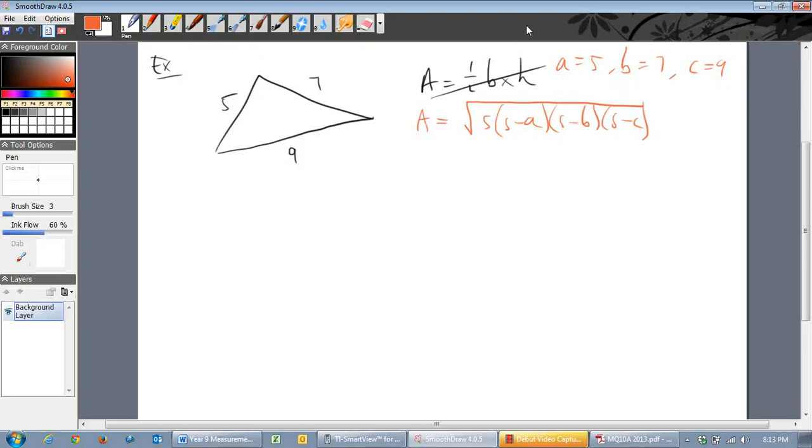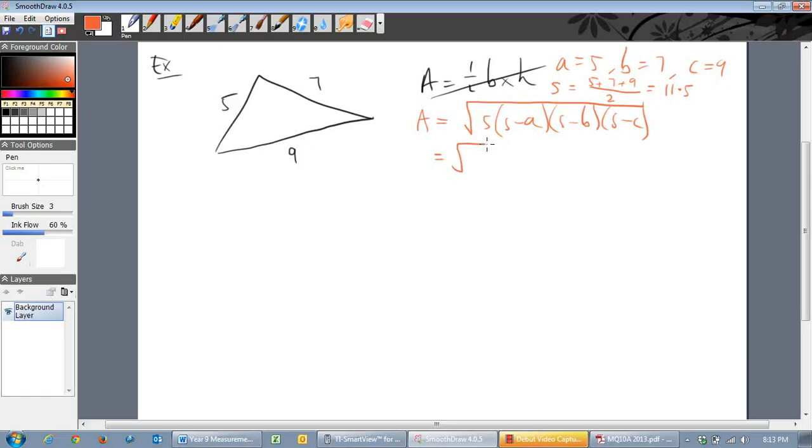It doesn't matter which one's which. Our semi-perimeter is equal to, we just add them all up. It's 5 plus 7 plus 9, so that's the perimeter. For the semi-perimeter, you divide by 2. So that's 5 plus 7 is 12, 12 plus 9 is 21, 21 divided by 2 is 11.5. So there's your semi-perimeter S.